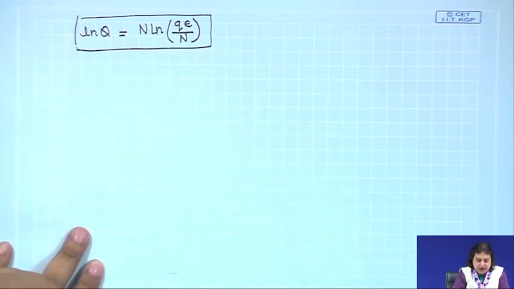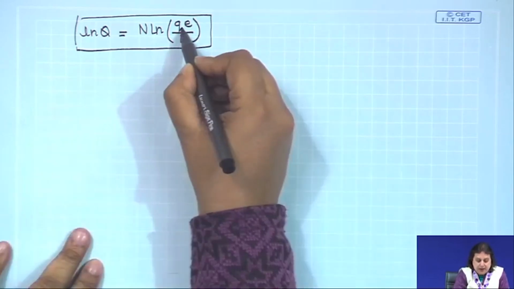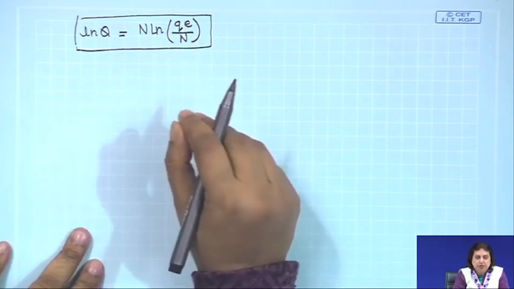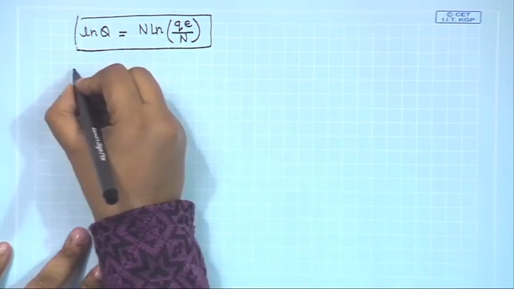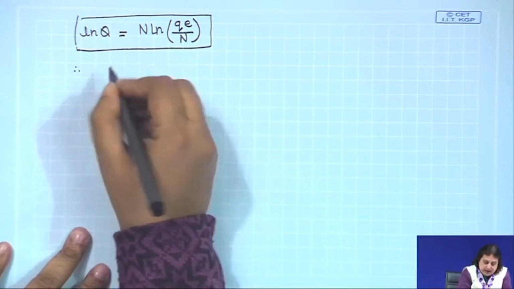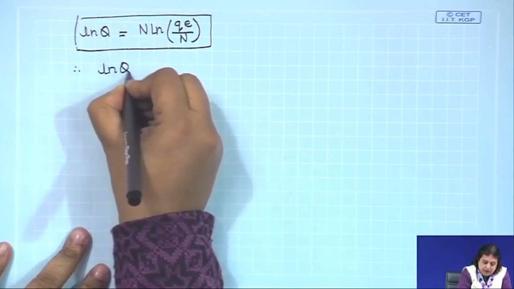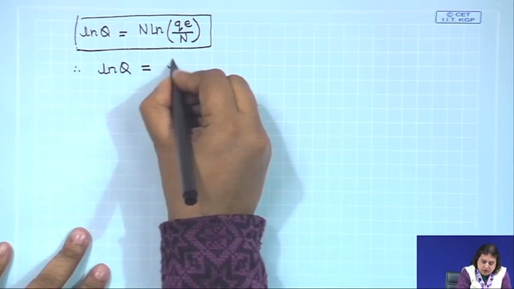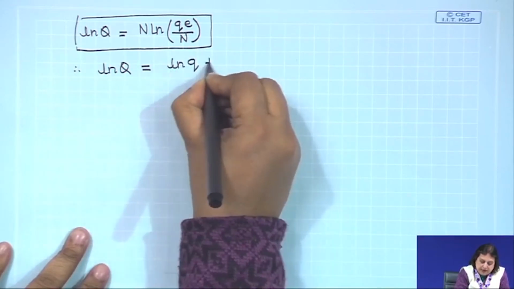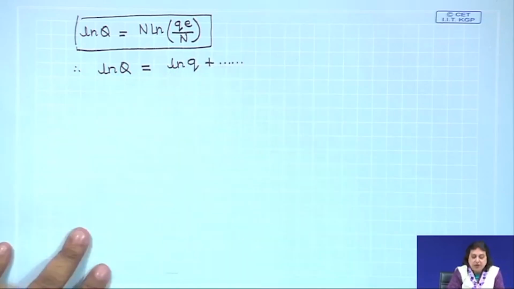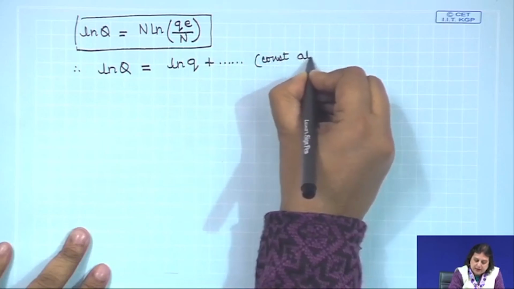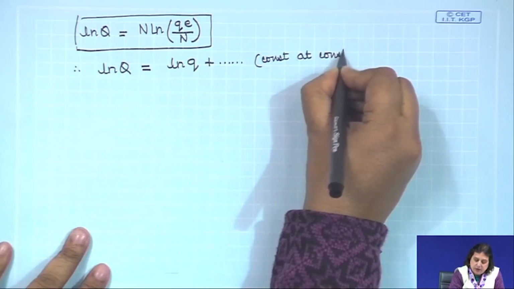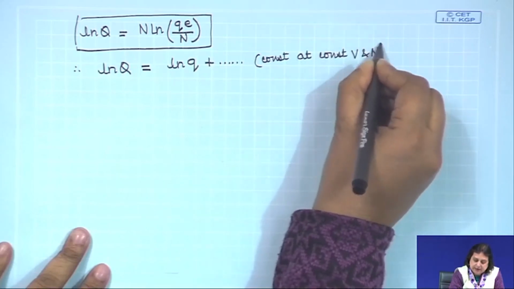Now, when I look back at this expression that I have written down for ln Q, I need to find out the temperature dependent part, and the rest of the part should remain constant at a given N and V. So, here I can write that ln Q is dependent on ln small q plus some other terms which are constant at constant volume and number of particles.